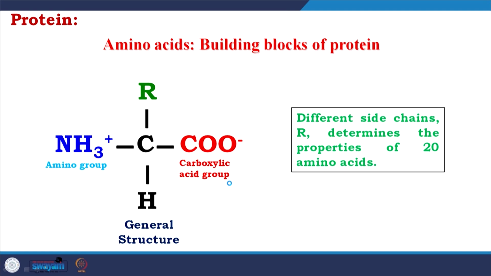In case of protein, the building blocks of proteins are amino acids. Here they have an amino group, they have a carboxylic group, they have one hydrogen and they have one R. R means X. There are 20 different R's, so 20 different amino acids are there.